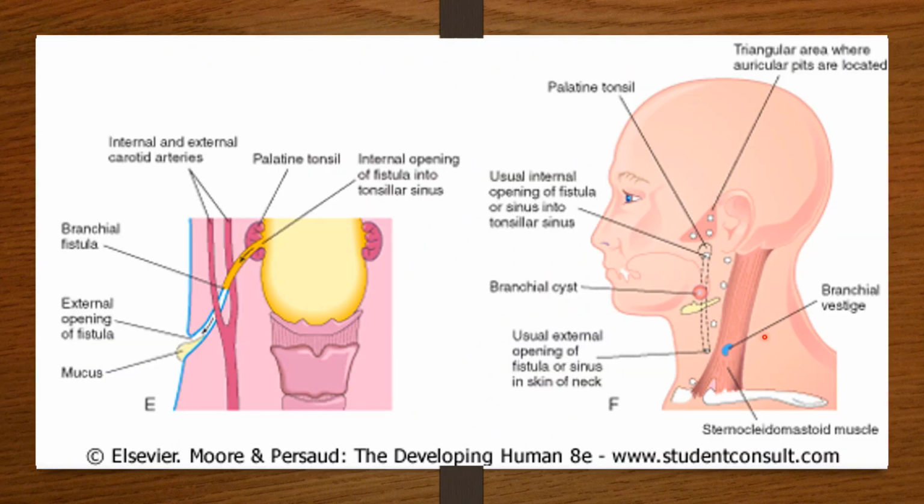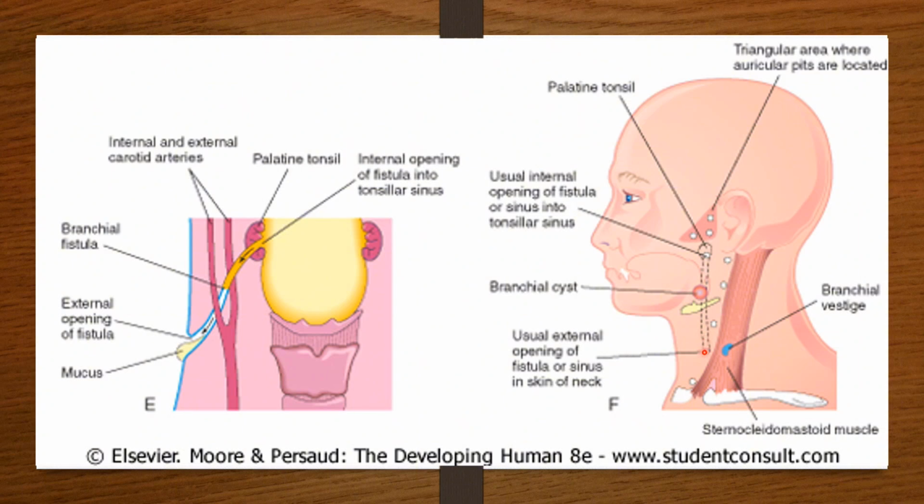If this external branchial sinus has a communication with the internal branchial sinus, this is called a fistula. Here you can see the most common location of the fistula is just anterior to the sternocleidomastoid, behind the angle of the mandible. So these are the openings.